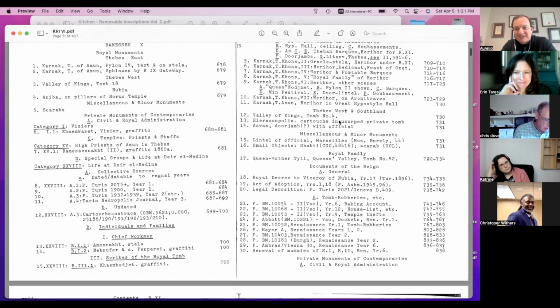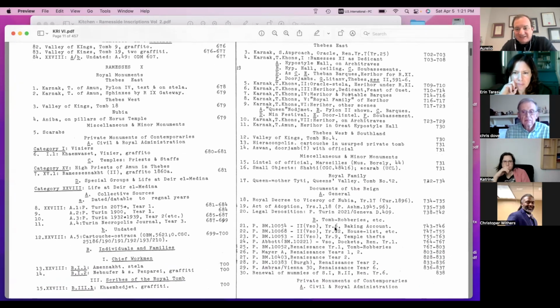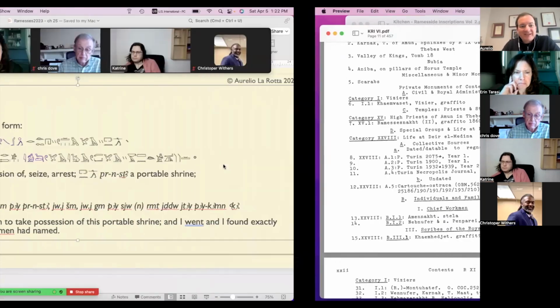Basically, the end of the Ramesside age, Ramses 11, so just before the end of the 20th dynasty. After that, we have the Third Intermediate Period. And during that time, we have tomb robberies. So that's where it's from. Great question.